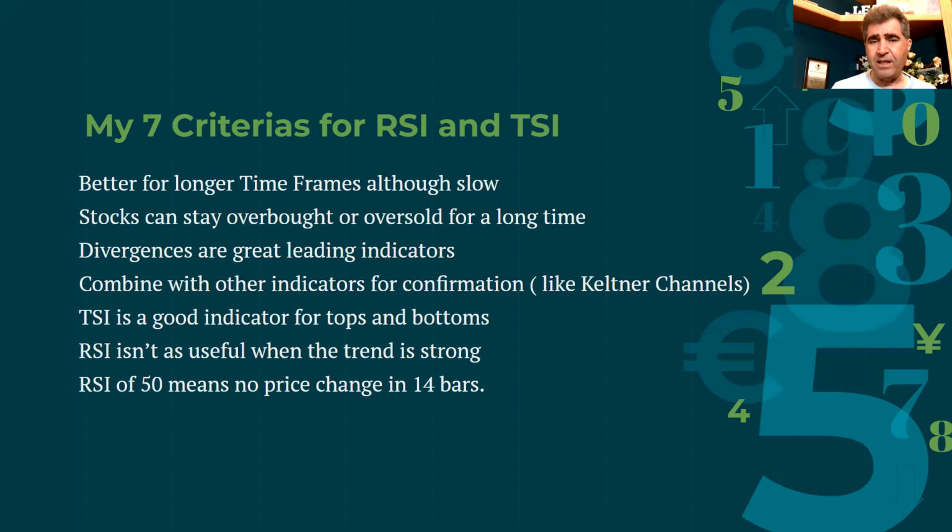The third thing is I really like the divergences. They're great leading indicators, so I like to use them a lot. And the other thing is these are not standalone, so make sure you combine them with other indicators. For instance, I mentioned Keltner channels, which are average true range around the moving average.